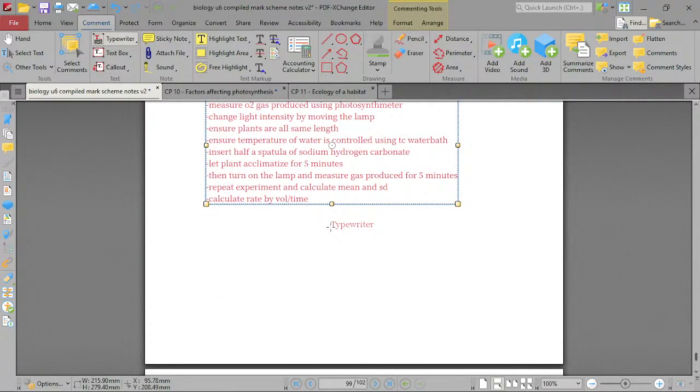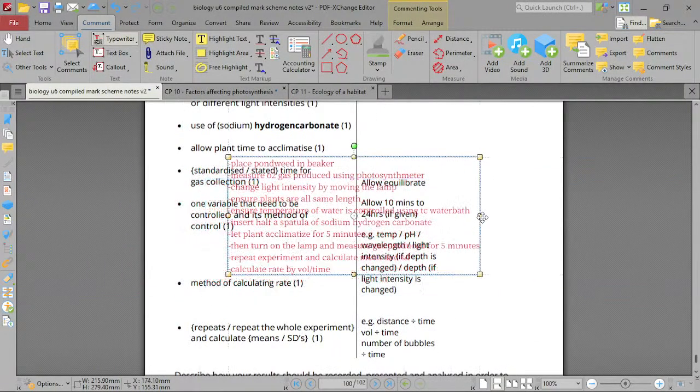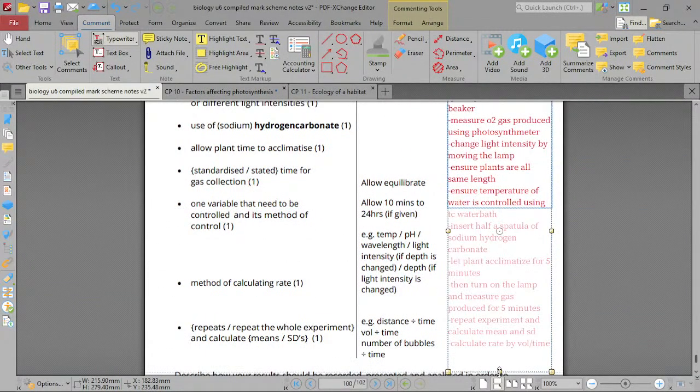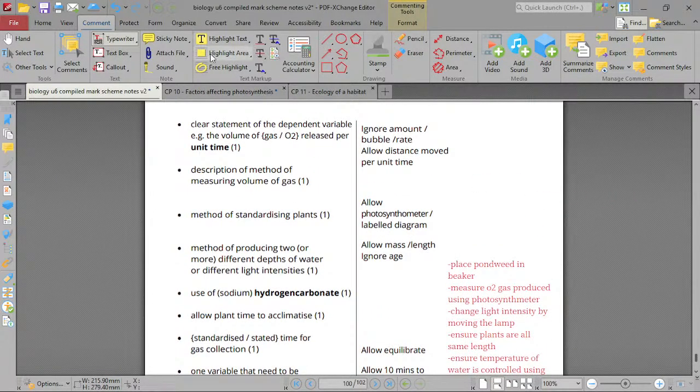So here we go. Measure O2 gas produced using a photocentimeter. So O2 gas released per unit time. Okay, I didn't write that.